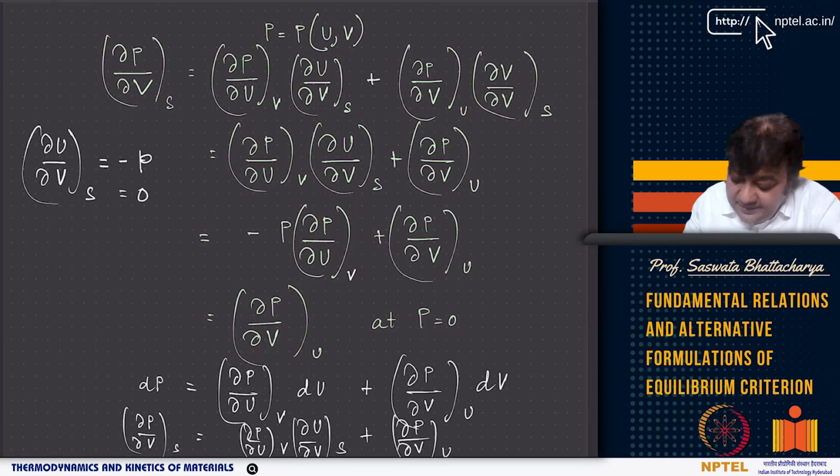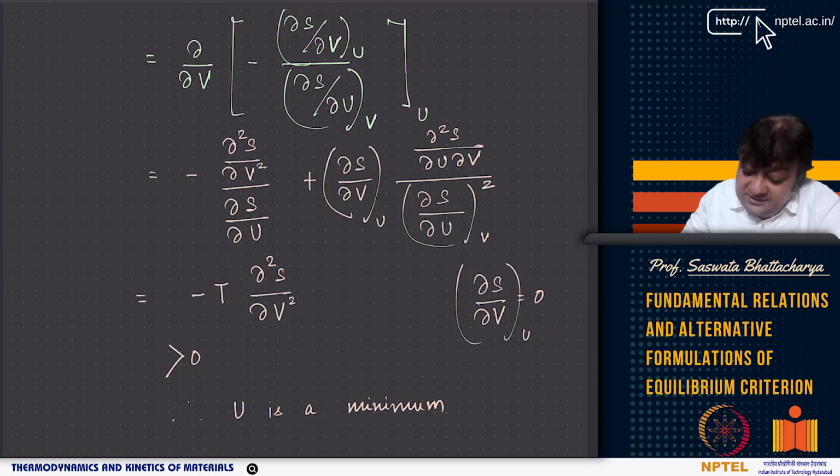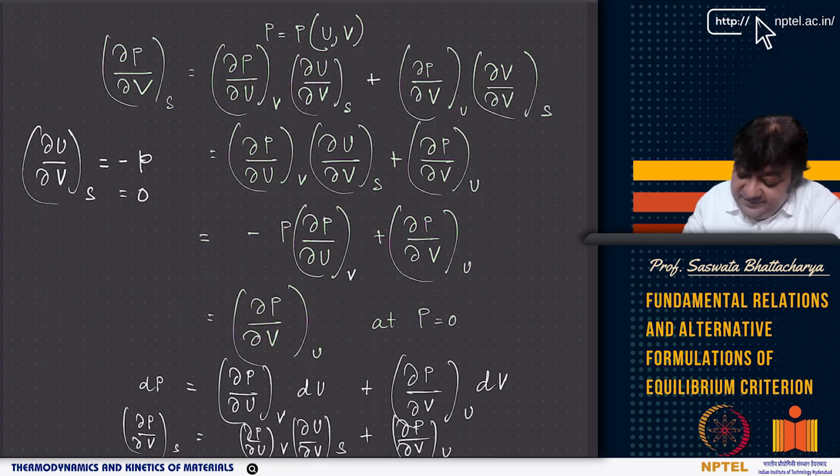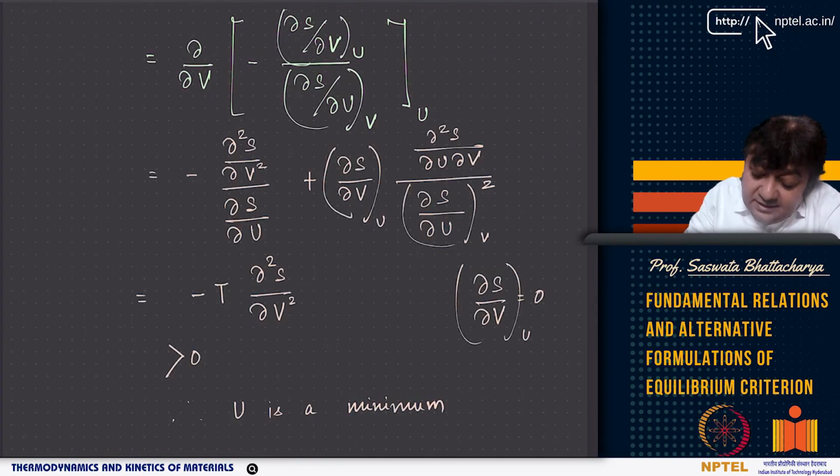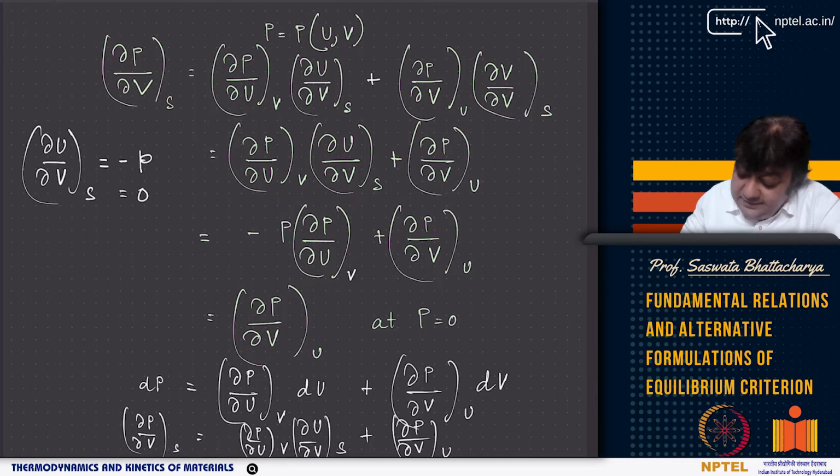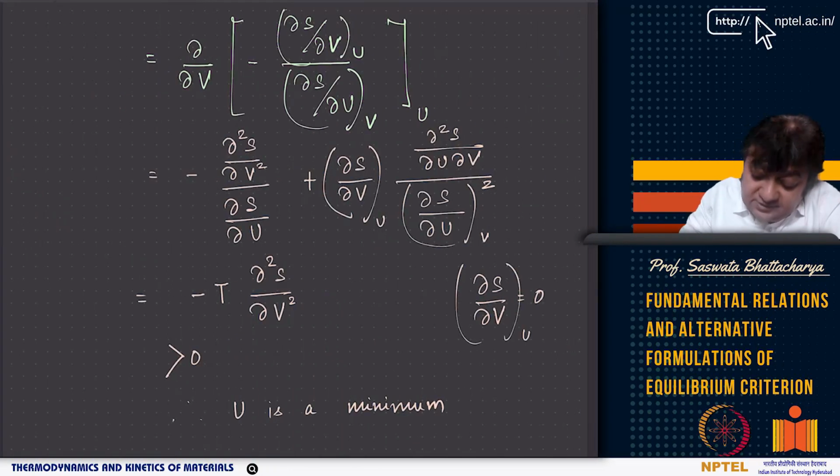∂P/∂V at U, fixed energy, right? So at P equal to 0, P equal to 0 means ∂U/∂V at S equal to 0. Now this means ∂P/∂V at U can be written as ∂/∂V of, so you can just look at this. So this becomes ∂P/∂V at U, at P equal to 0.